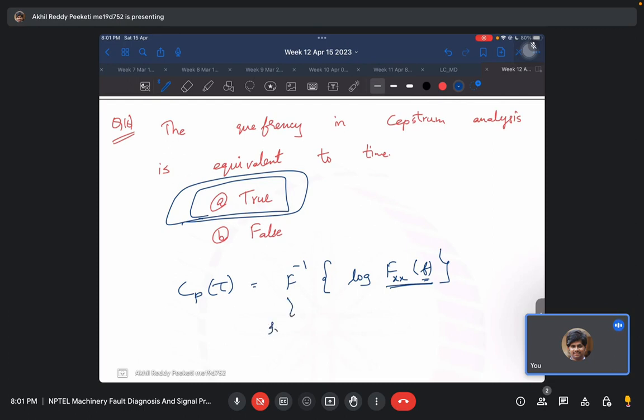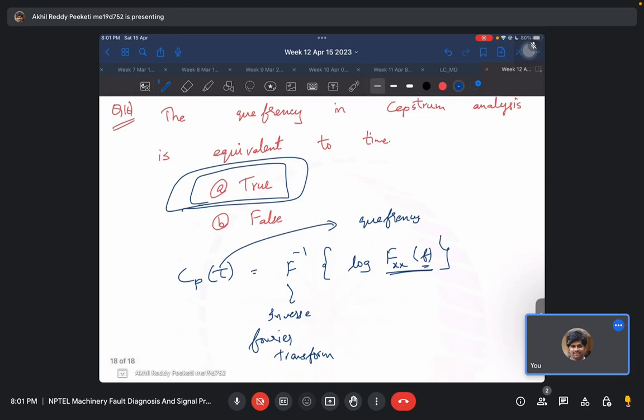So this is the inverse Fourier transform. And this tau is the Q frequency which is equivalent to time. Okay.